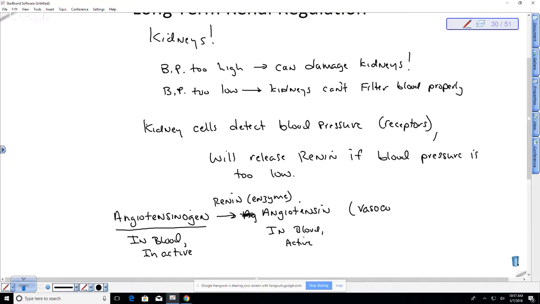Vasoconstriction. That is going to boost blood pressure so that the blood will come in at a higher rate, so that the blood can be filtered of all the toxins, like the urea, that need to be filtered out.